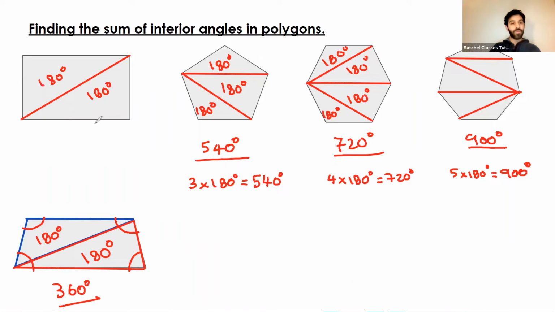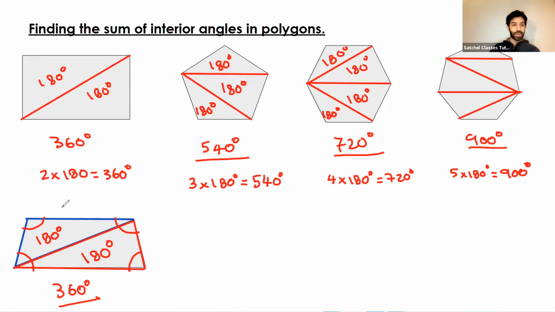What we have is a 4-sided shape, but we've created 2 triangles, which will give us 360 degrees. So what we should be able to recognize is that the relationship between the number of sides and the number of triangles that we create is the difference of 2.